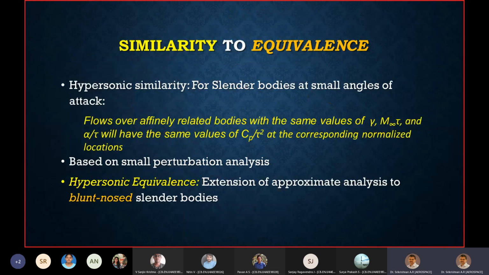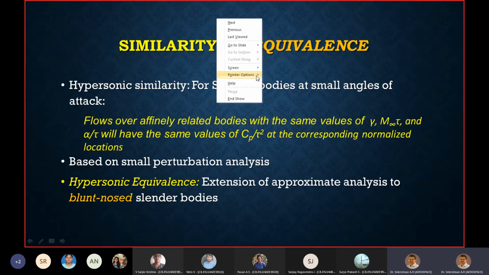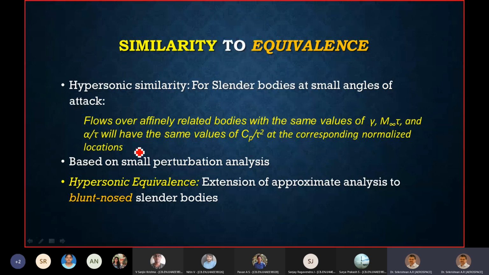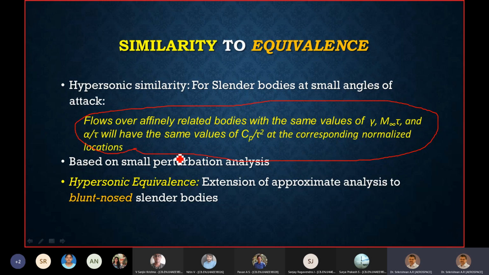Okay, so we start off by reviewing what we have done so far, in the last few sessions, when we were focusing on similarity and the small perturbations approach. I've summarized here in the first two points what we have achieved. The statement is hypersonic similarity: flows over affinely related bodies with the same values of gamma and the product M infinity times tau, and alpha by tau.